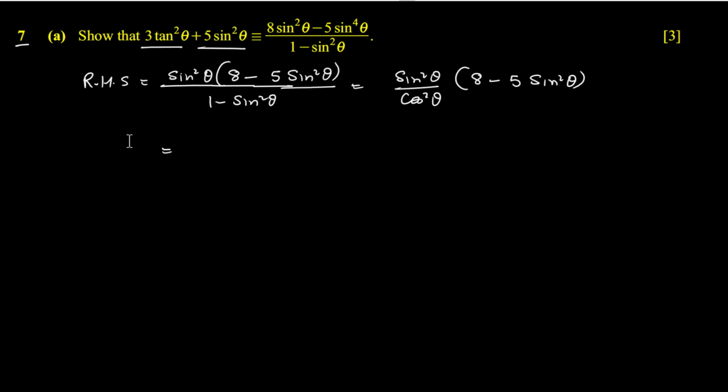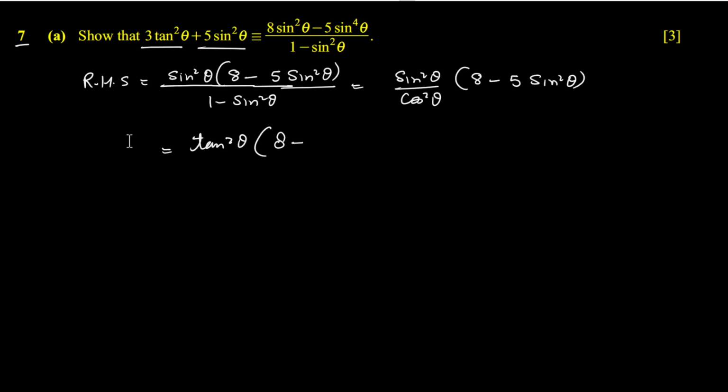And sine squared theta over cosine squared theta becomes tan squared theta, and now we will simplify the bracket. This is going to be 8 minus 5 sine squared theta. We can rewrite 8 as 3 plus 5, so that I can get the cosine squared theta from here.